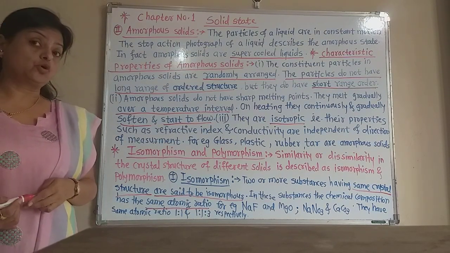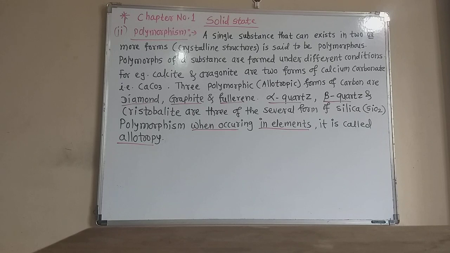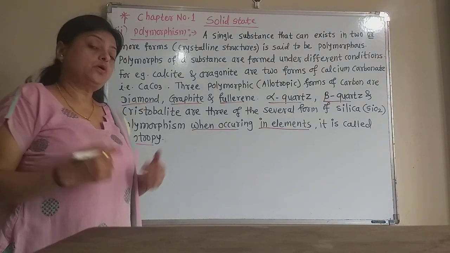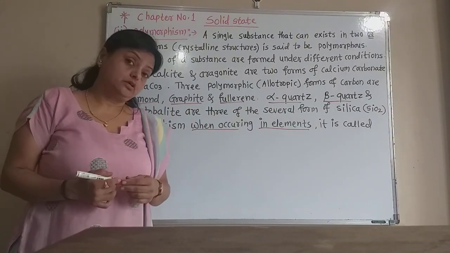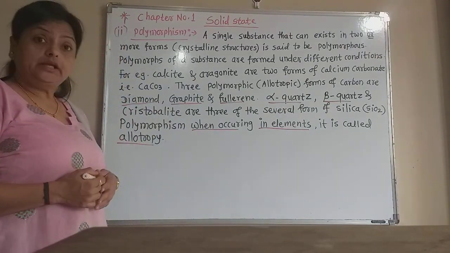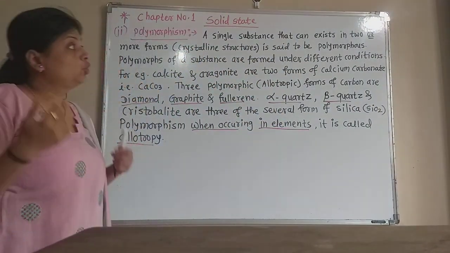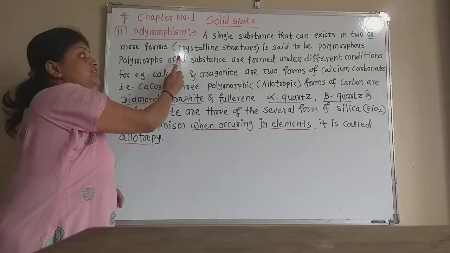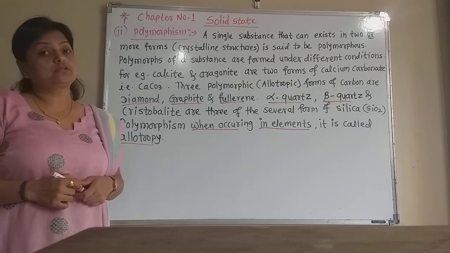Now let us learn about polymorphism, or what are polymorphs. Students, as the name suggests, there are different forms. Poly means more, forms or more structures. If a single substance can exist in two or more crystalline forms, those forms are said to be polymorphs.